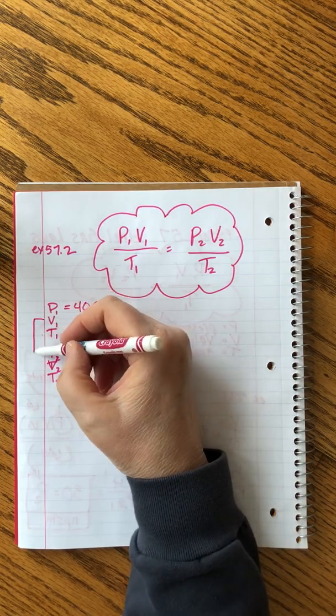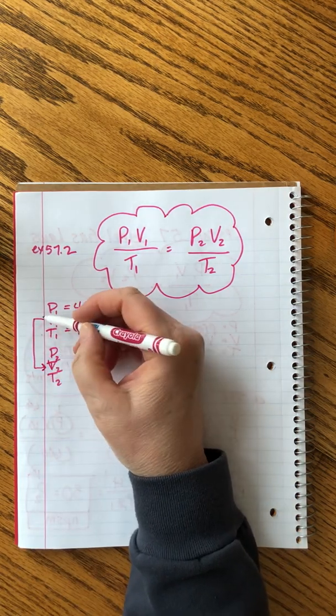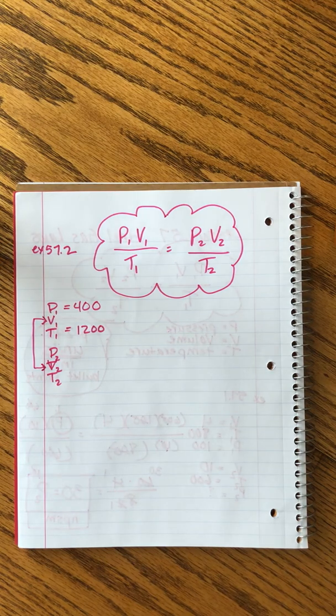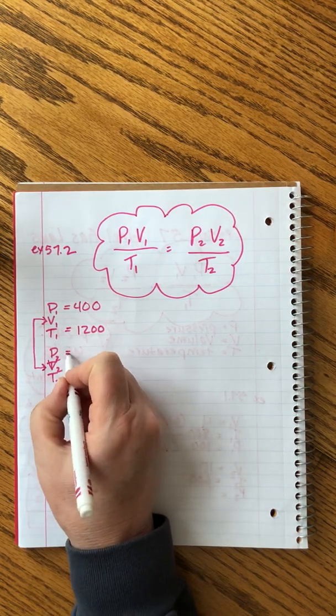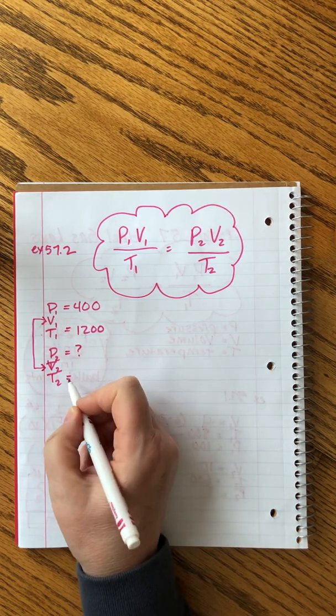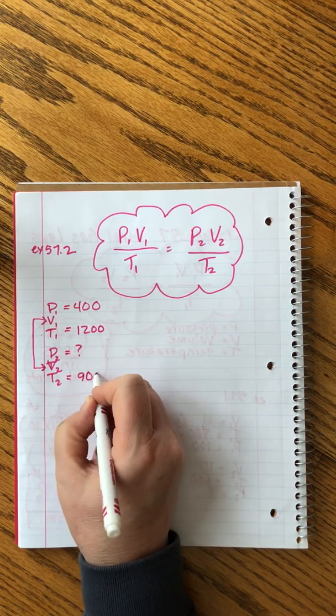Okay, so that means the two volumes are the same. They don't change. The problem hasn't told us what the volume is, but it tells us that it's unchanged. What was the pressure if the temperature was decreased to 900 kelvins?